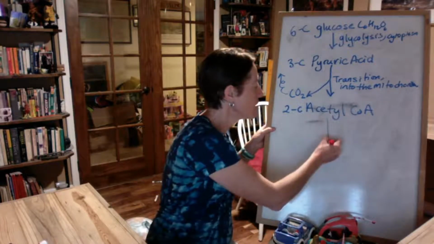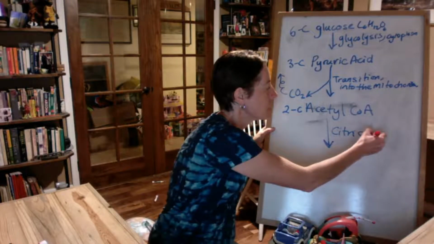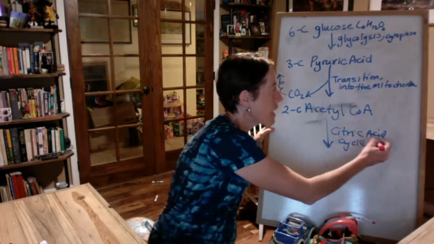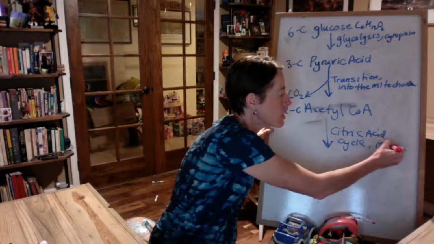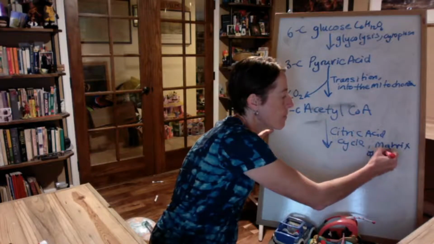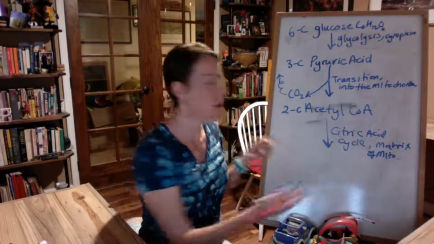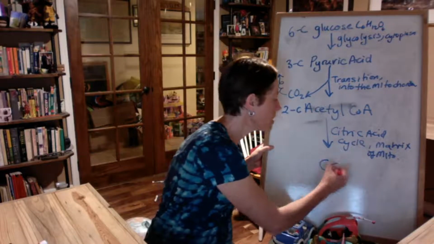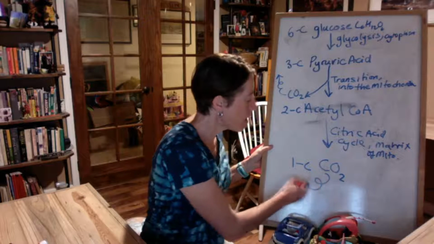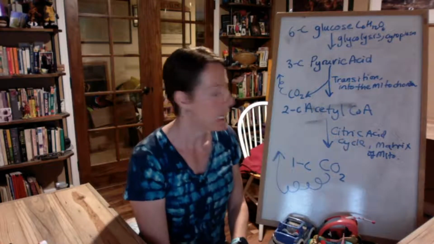We're going to do the citric acid cycle, and this is happening in the matrix of the mitochondria. Matrix of mitochondria, and you break apart the acetyl-CoA into carbon dioxide, and those are each 1 carbon molecules, and they are breathed out into the environment.